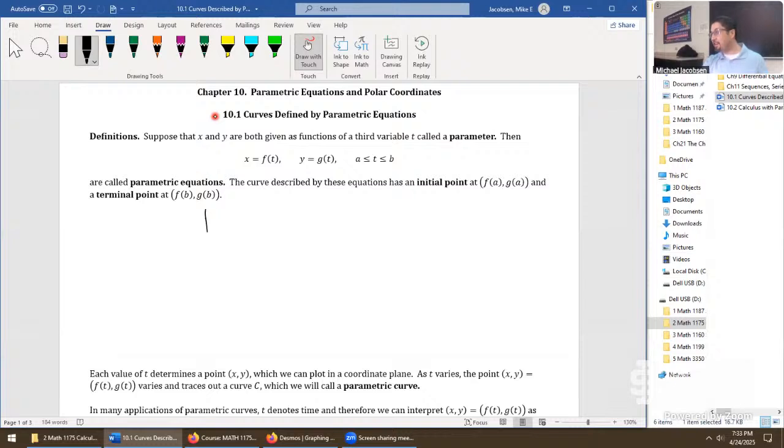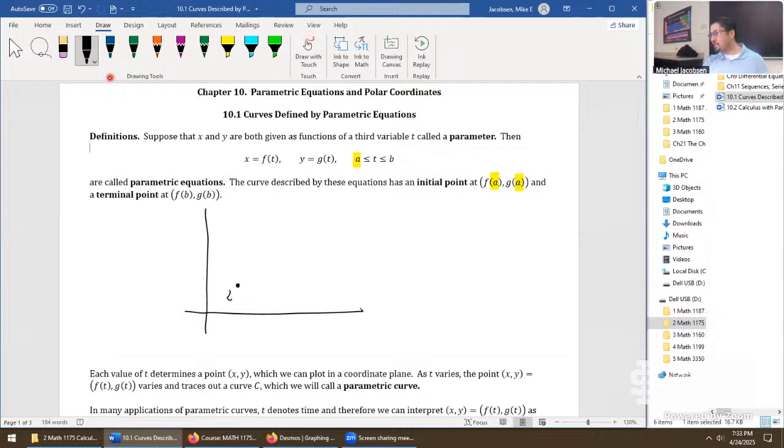So here's what a diagram could look like for this setup. An initial point is going to be given as f of a, g of a, because the parameter is t itself, and it ranges from a to b. Starting off at a gives us the initial point. Let's place it right here. Here's our initial point.